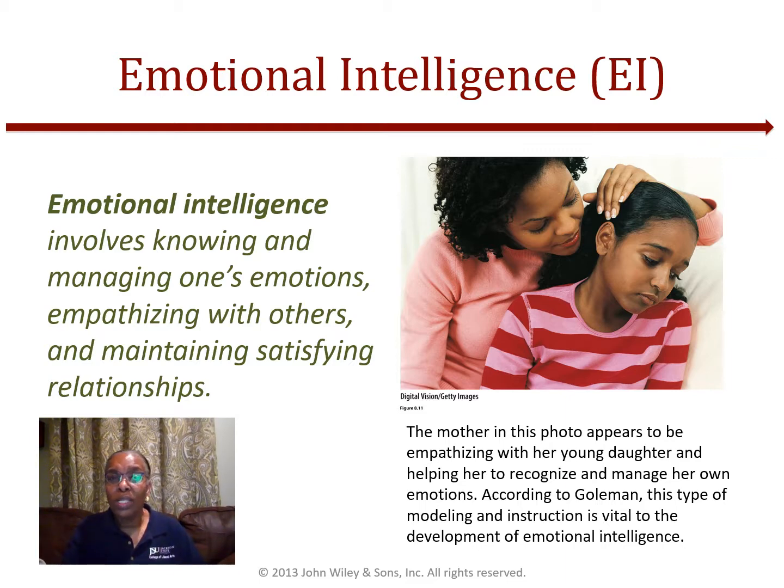Goleman also proposed that many societal problems like domestic abuse and youth violence can be attributed to low emotional intelligence. So he argued that emotional intelligence has to be fostered in everyone in order for you to be content with life.